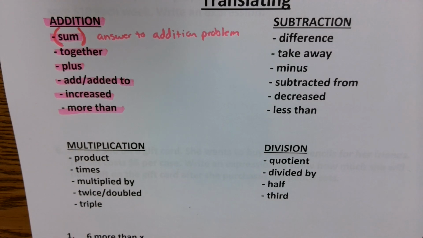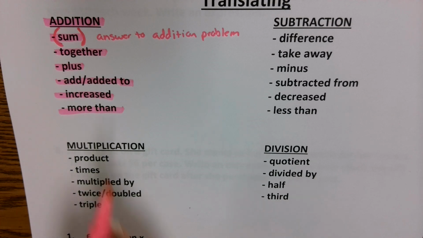So if I'm doing something to the sum, I have to put that sum in parentheses first, and whatever I'm doing to it is outside the parentheses. So that way I know I have to find that sum first before I can do anything else. That's very key. Sum needs to have parentheses around it.